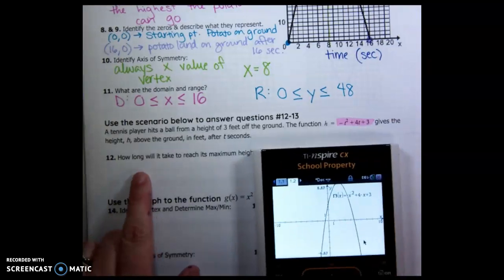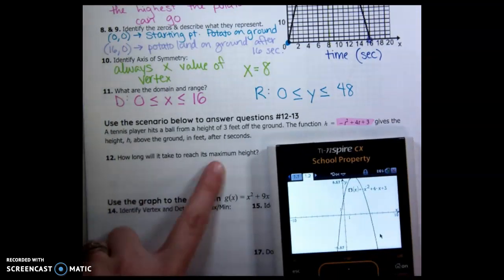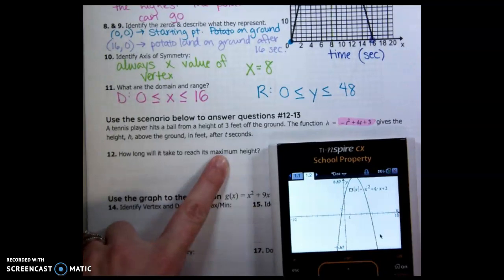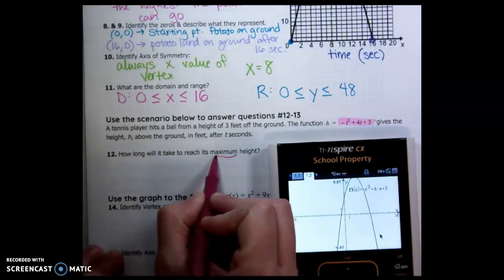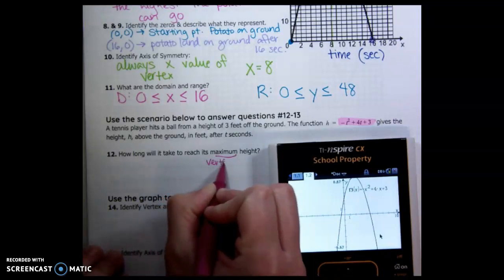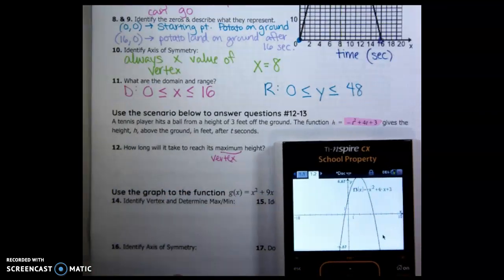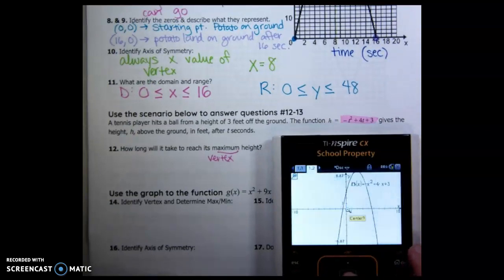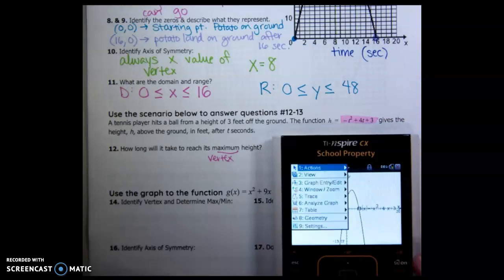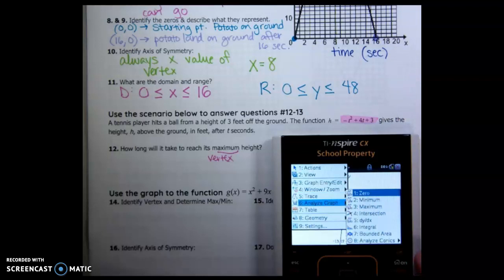It says, how long will it take to reach its maximum height? Okay, so the maximum, that means I have to find the vertex. So I'm going to zoom out, menu, zoom, zoom out. Cool, now I can see the top. I'm going to do menu, analyze graph, and then I'm going to pick maximum.